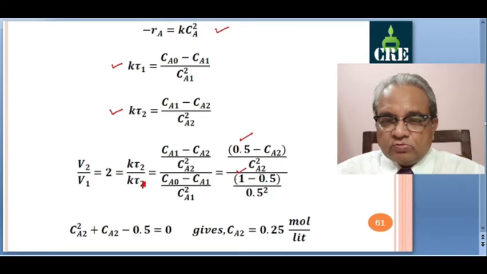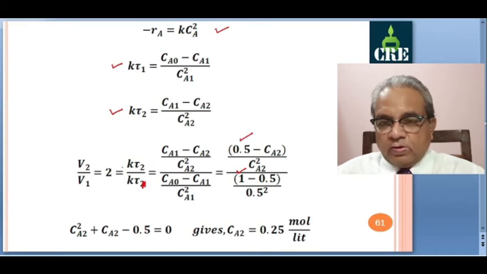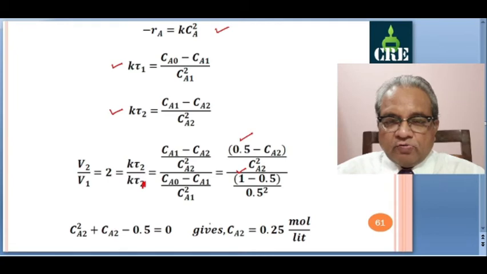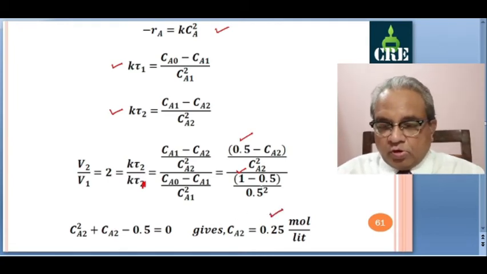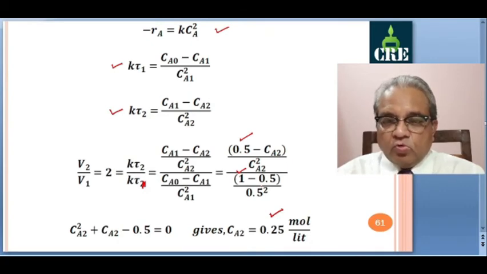So all these values we substitute of Ca0 and Ca1. Ca2 is unknown, and this ratio is equal to 2. So we get a quadratic equation, Ca2 square plus Ca2 minus 0.5 is equal to 0, and the solution is 0.25 moles per liter. You will get two roots. One root will be significant, and that root is 0.25 moles per liter. So we have determined the exit concentration from the second reactor.